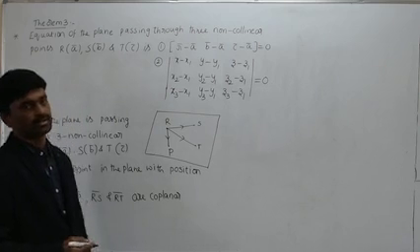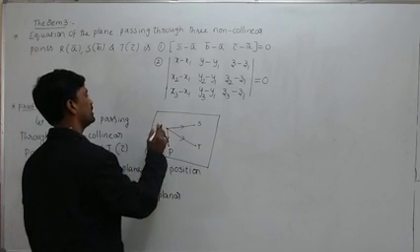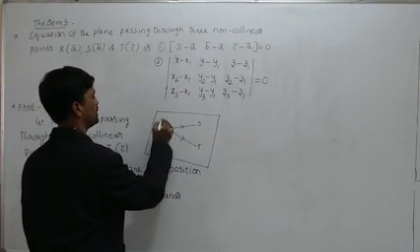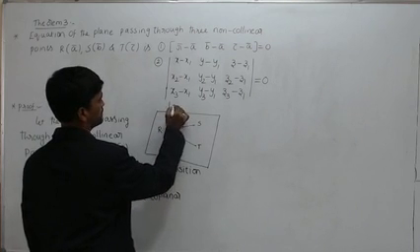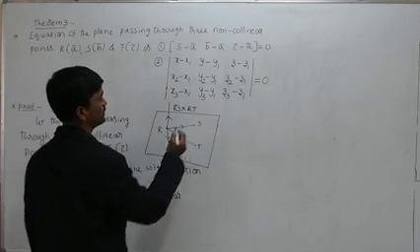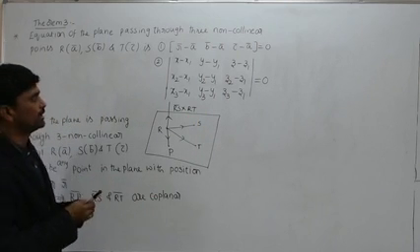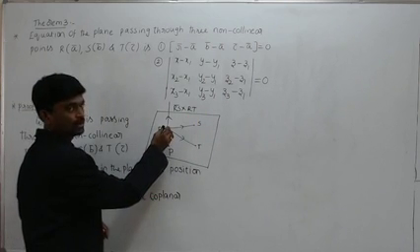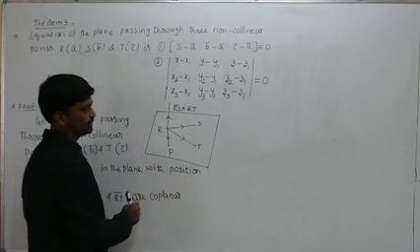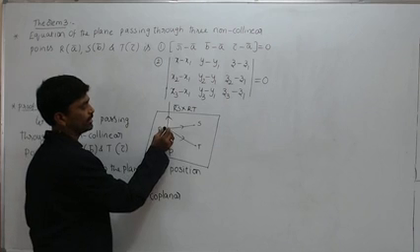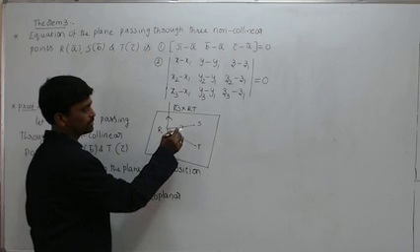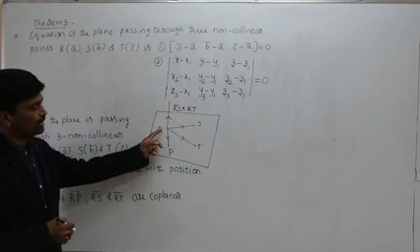So as these three vectors are coplanar, what will be the direction of RS bar cross RT bar? It will be in the direction like this. If you take the plane as the board itself, then R, S, T, P lie on the board, and the direction of RS bar cross RT bar will be like this.